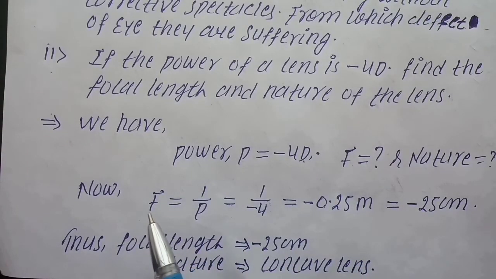We know that focal length equal to 1 upon power equal to 1 upon minus 4 or equal to minus 0.25 meter or minus 25 centimeter. Thus focal length equal to minus 25 centimeter and nature of lens is concave.